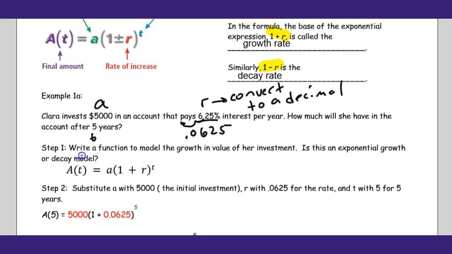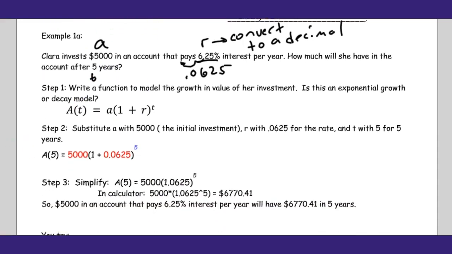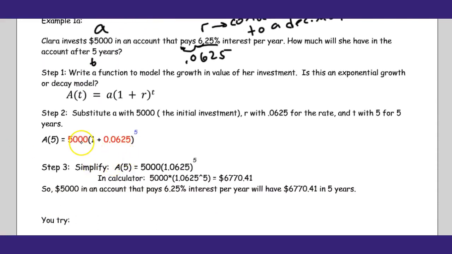So now we have our equation, and we put it together like this: A, the initial amount, times 1 plus R. Because if you think about the question, she earns interest per year, which means she's getting money. It's a growth. Then T is just 5.